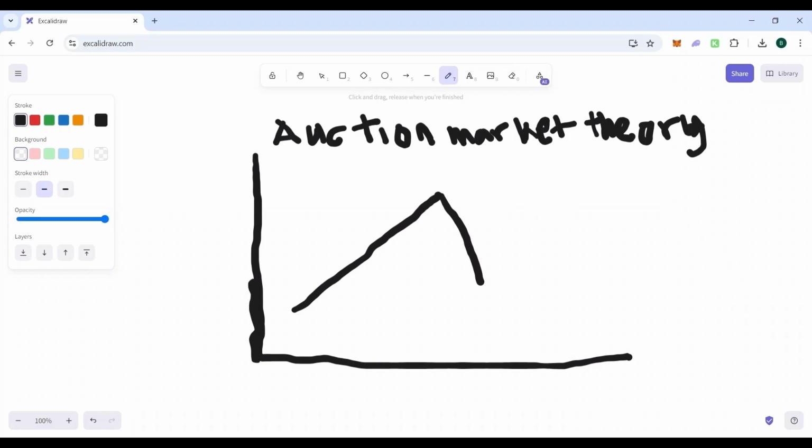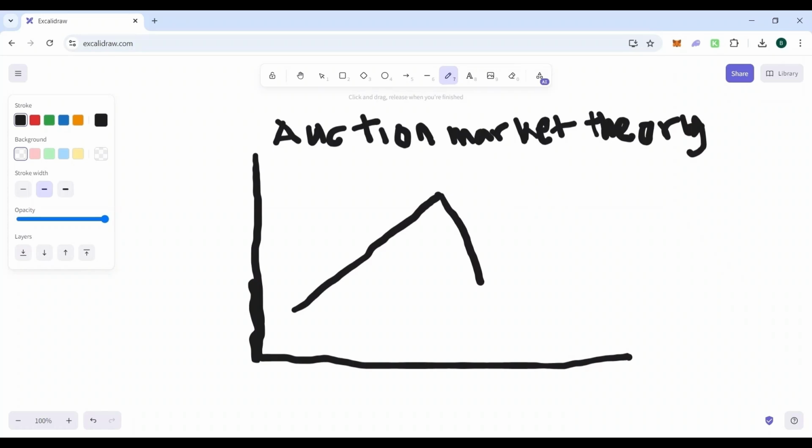Now, this is just the common economic theory of demand and supply. So it's kind of like that in the financial markets too. The price of a stock or crypto will go up if more people are willing to buy than sell, and it will go down if more people want to sell than buy.